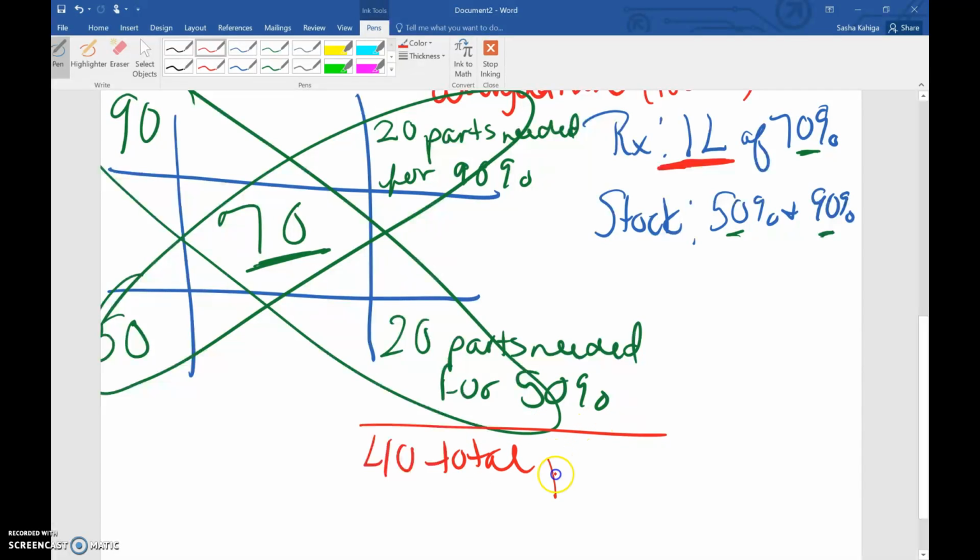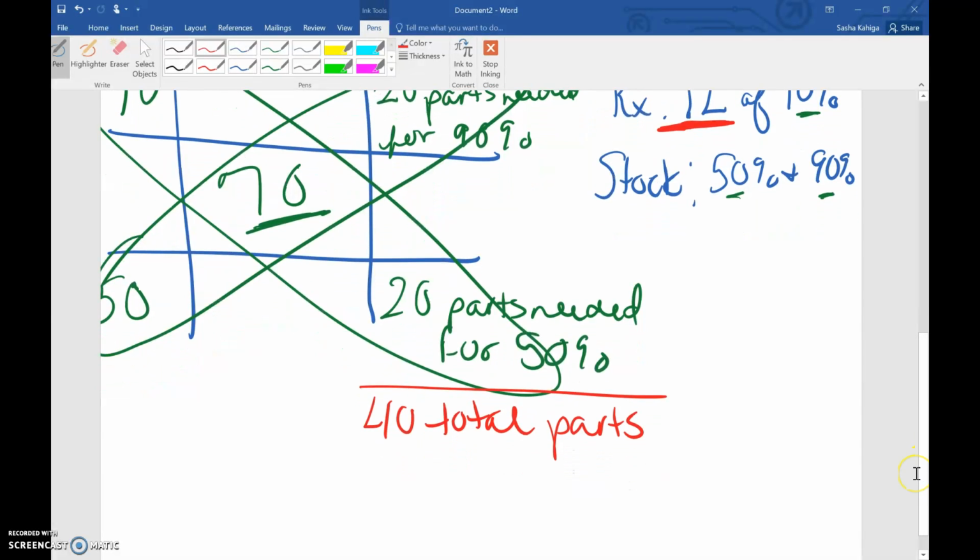So I need 40 total parts. All right. And now I'm going to be able to solve for both. So for 90%, you're going to take the parts needed for 90, which is 20, over your total parts, and you're going to multiply that by the given quantity of 1,000 milliliters.